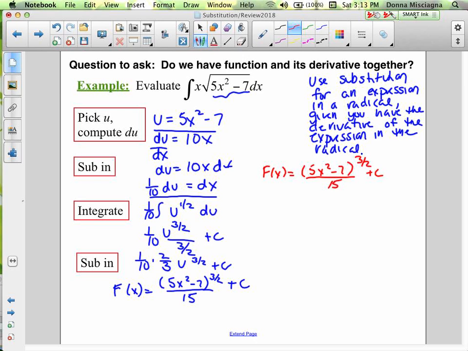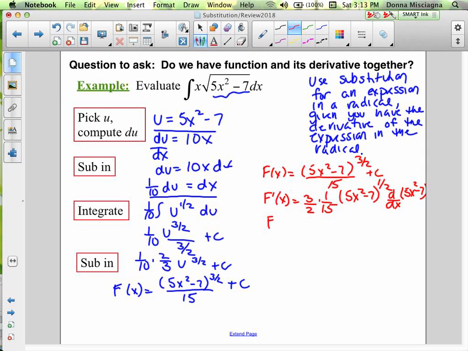All right, so then f prime of x equals, the exponent moves in front, so now we have 3/2, and that 15, that's 1/15, times 5x squared minus 7, reduce that by 1 to the 1/2 power, and then times the derivative of the 5x squared minus 7. We know the derivative of the constant is just 0.